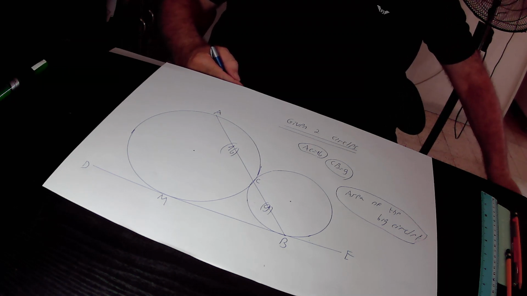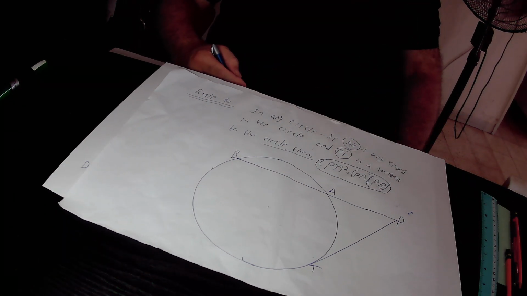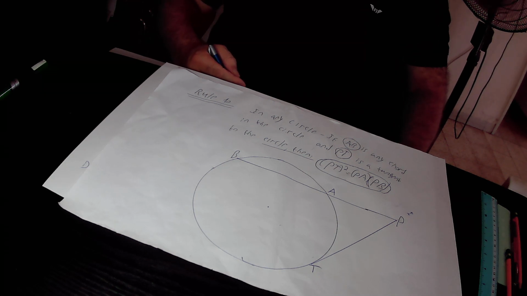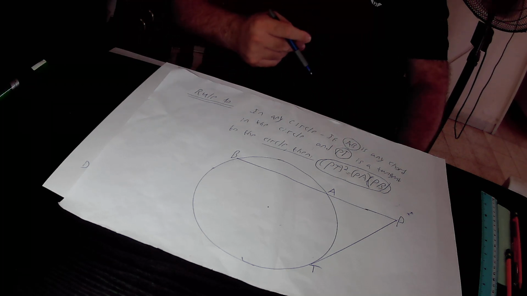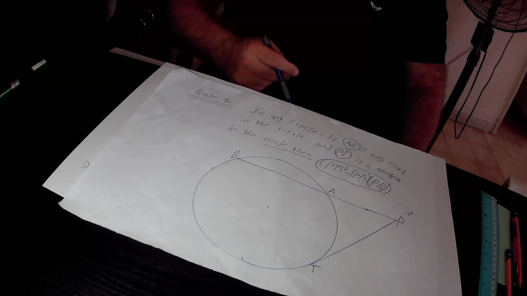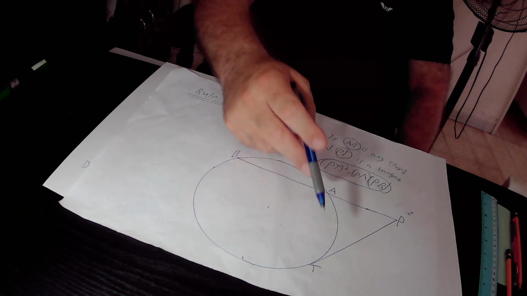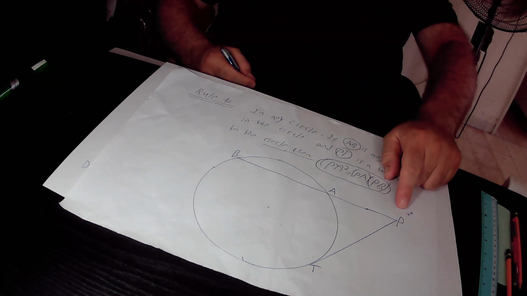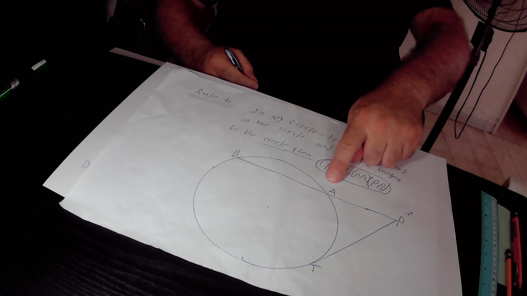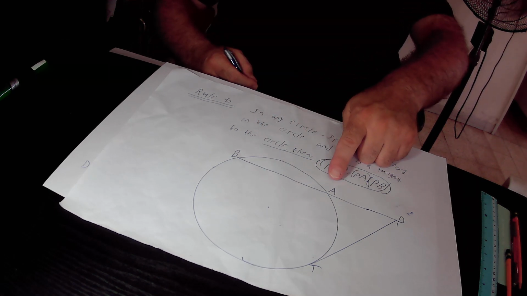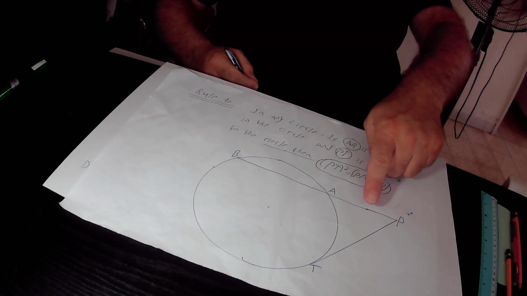So, I'll repeat quickly on rule 10. According to rule 10, which is true in any circle, if AB is any chord in the circle, and PT is the tangent to the circle, tangent to this circle at point T. So if from the common external point P you draw a straight line and it will cut the circle at 2 points A and B, in this way you create chord AB, and from the same common external point P you draw this tangent PT.